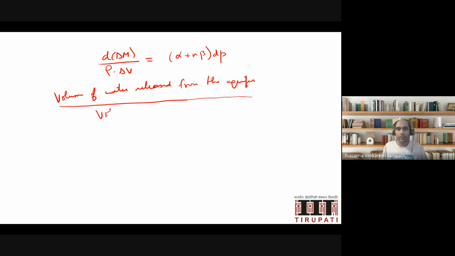So it's the volume of the aquifer, equal to alpha plus n beta times dp. Okay, so the left-hand side is simply the volume of water released from the aquifer divided by the volume of the aquifer. On the right-hand side, I have alpha plus n beta multiplied by a dp.